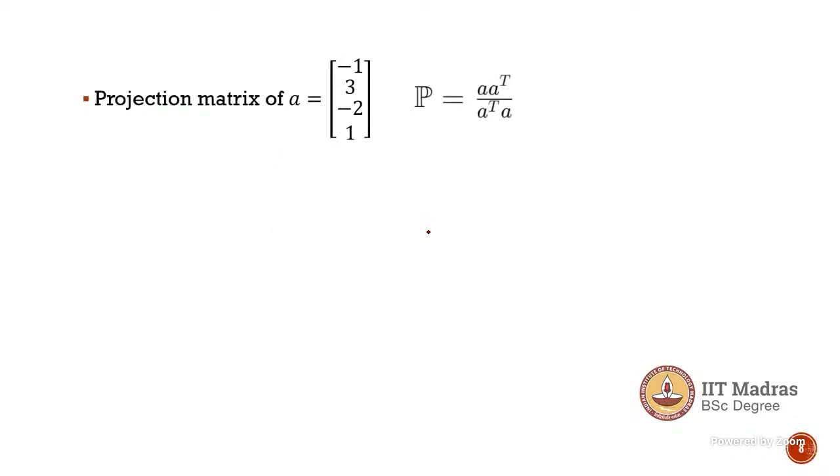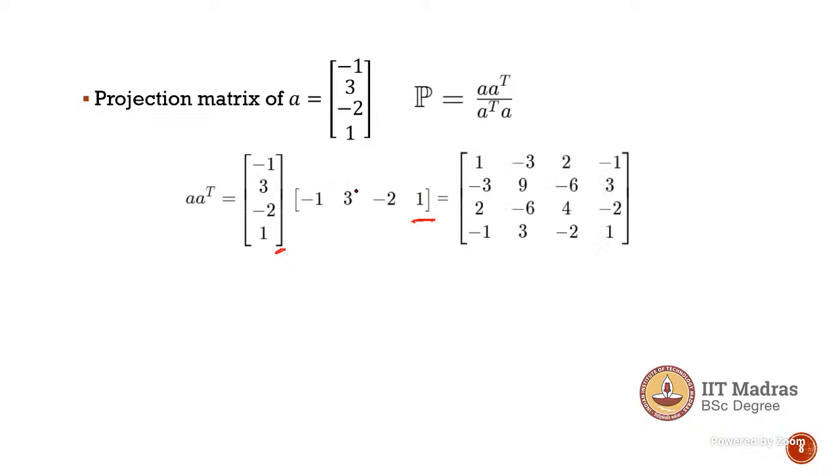So a simple example. If you have a vector a that is minus 1, 3, minus 2, 1, how will you find the projection matrix of vector a? It is simple. You consider this vector a and multiply by its transpose. Since it is a multiplication of 4 cross 1 into 1 cross 4, you will get a matrix.